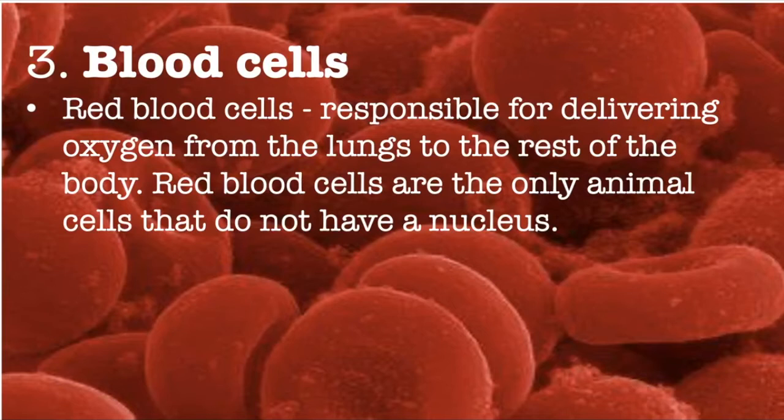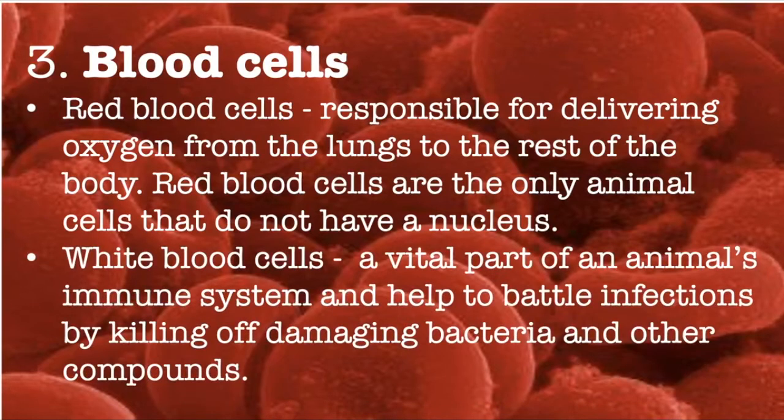Red blood cells are the only animal cells that do not have a nucleus. White blood cells, on the other hand, are a vital part of an animal's immune system and help to battle infections by killing off damaging bacteria and other compounds.